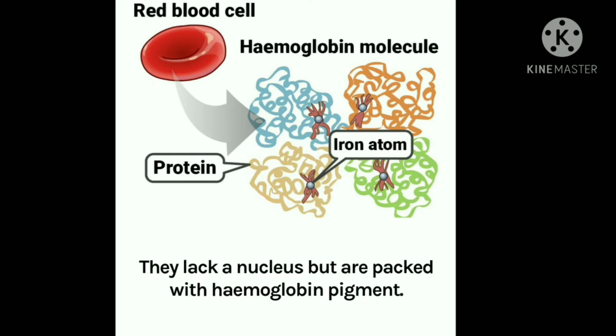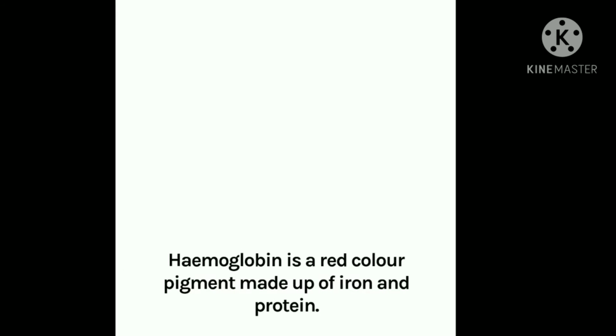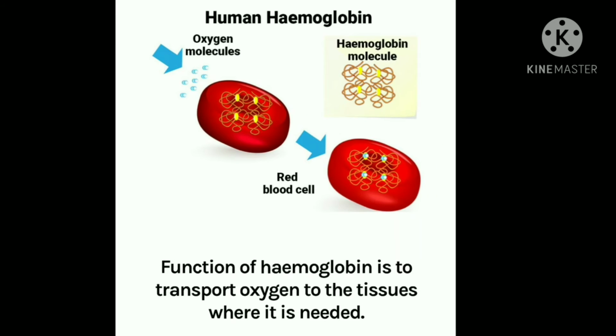Just see, the red blood cell contains protein and iron atoms. They lack a nucleus but are packed with the hemoglobin pigment. As you are aware, why is there a need for hemoglobin? Hemoglobin carries or absorbs oxygen, which is important in cellular respiration. Hemoglobin is the red color pigment made up of iron and protein.